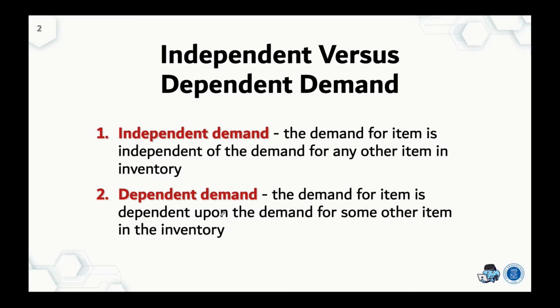The demand for this item depends on the demand for another item in the inventory. An example of this dependent demand is the demand for spare parts. Of course, the number of spare parts that we need depends on the number of products that we already sell. In this video, we will focus on the independent demand.